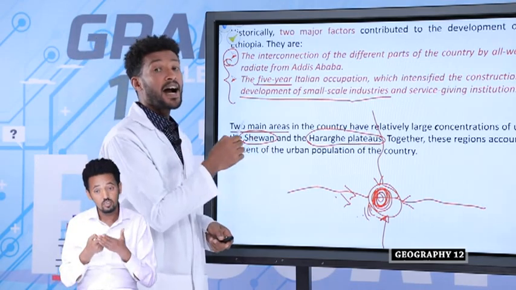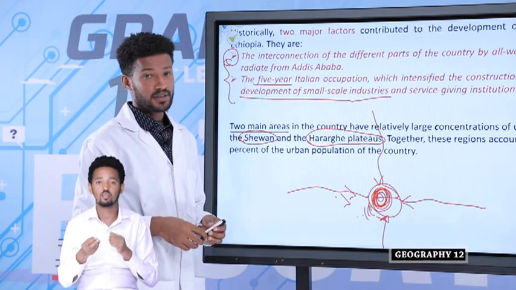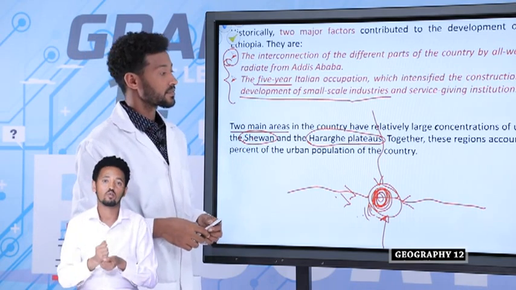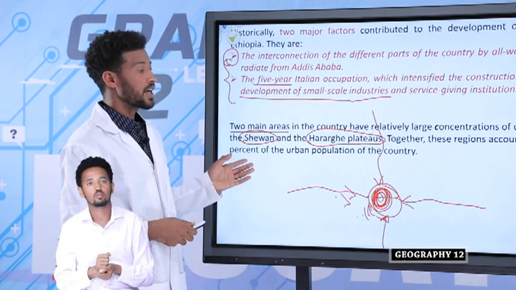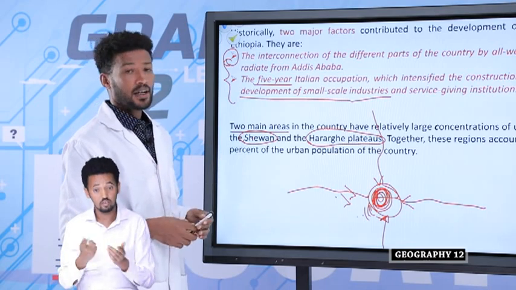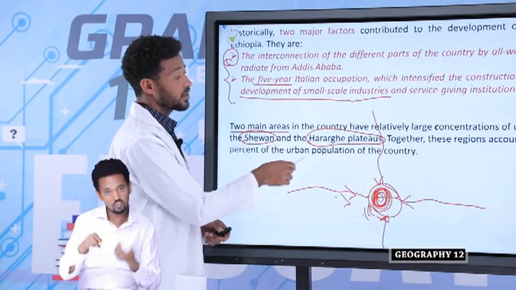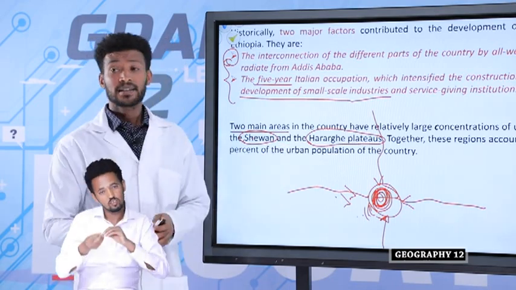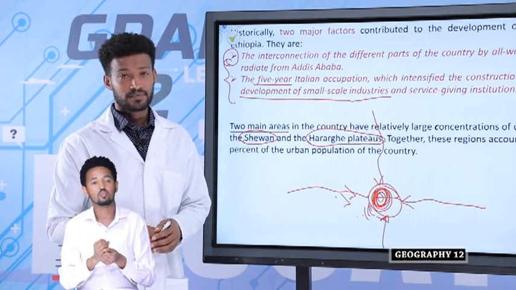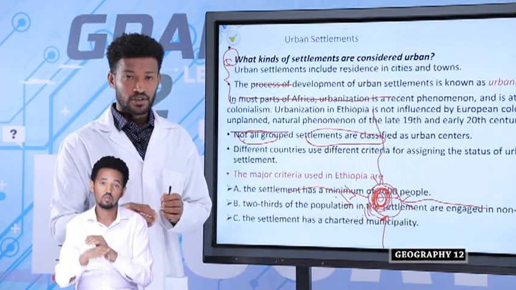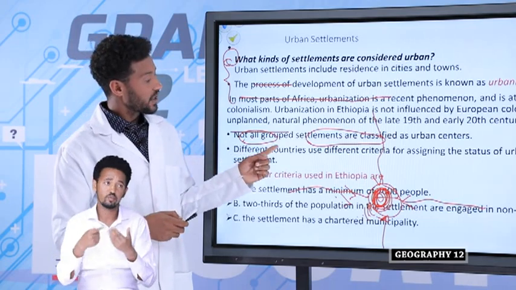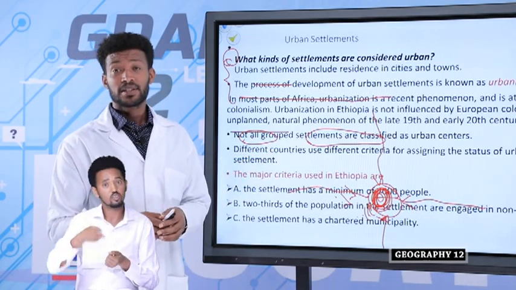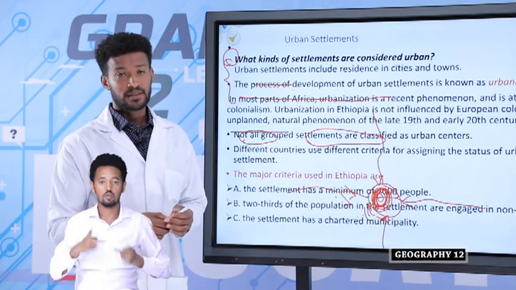These two areas have a high number of urban population. Together, these two regions account for more than 50% of the country's urban population. In short, these two regions are the most urbanized parts of the country.